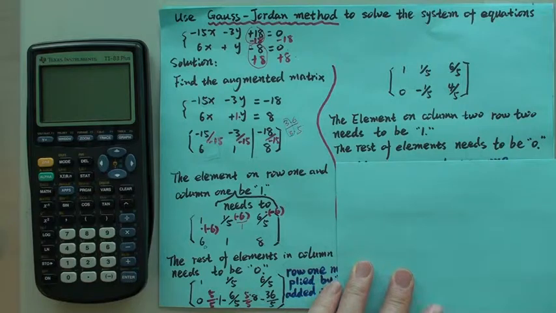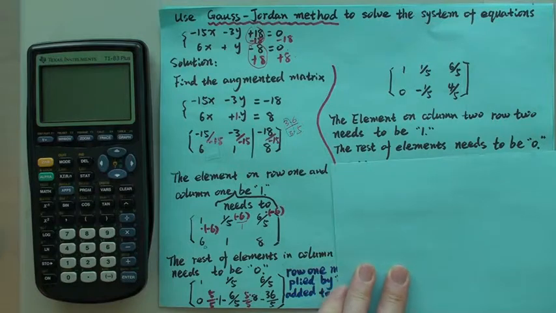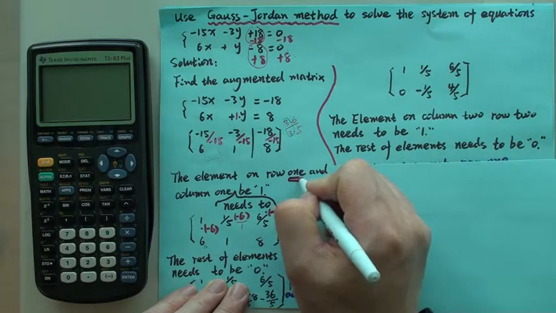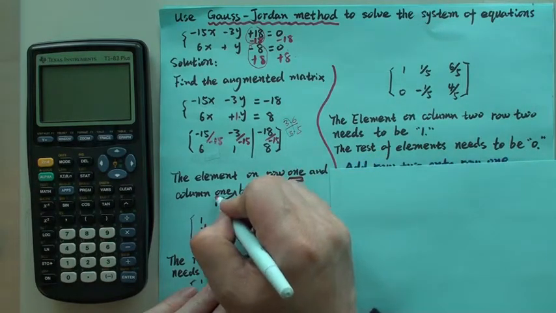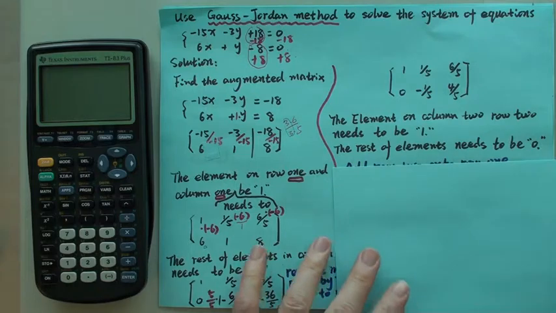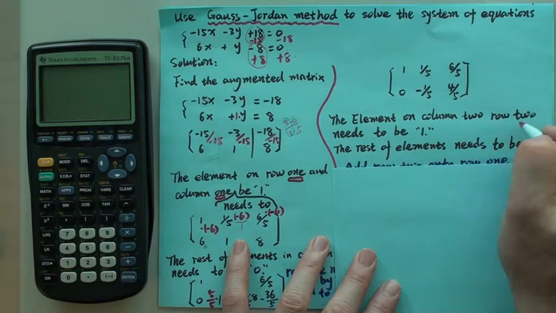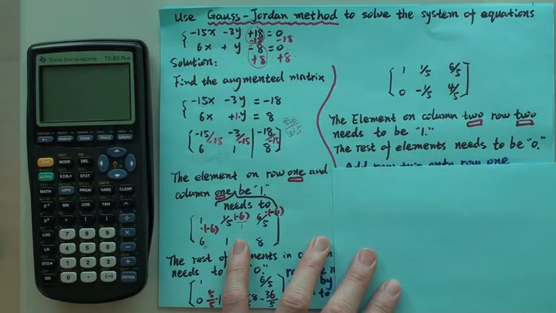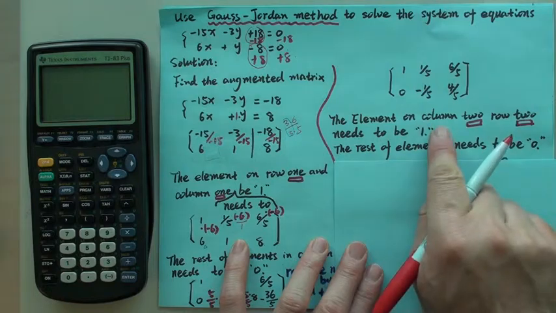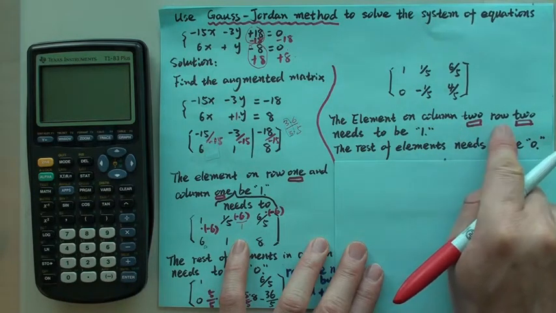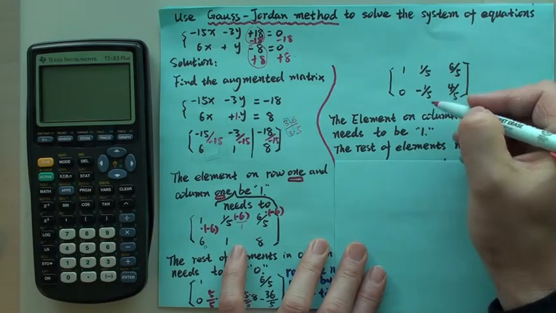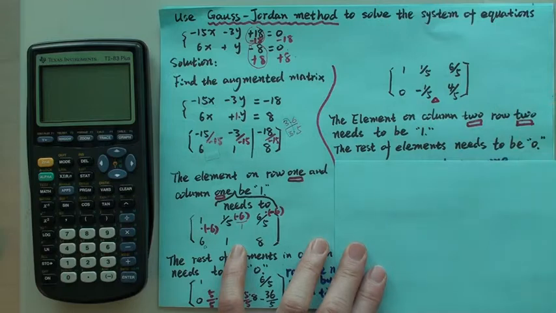Previously row 1 was marked as row 1, column 1, and here you are working on row 2, column 2. So the element on row 2, column 2 needs to be 1.